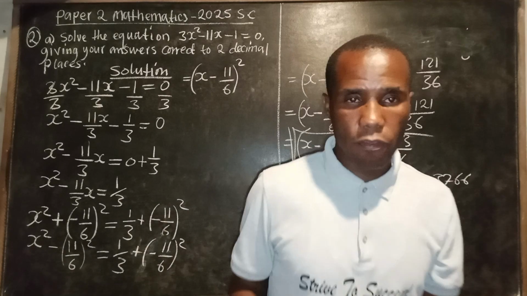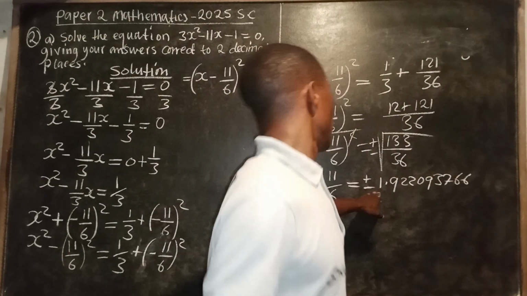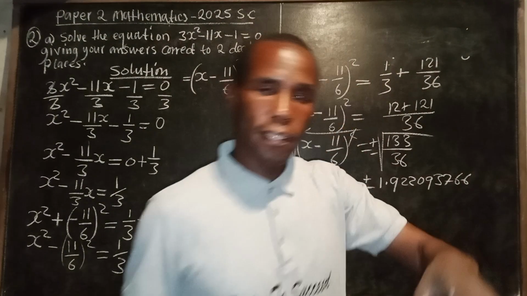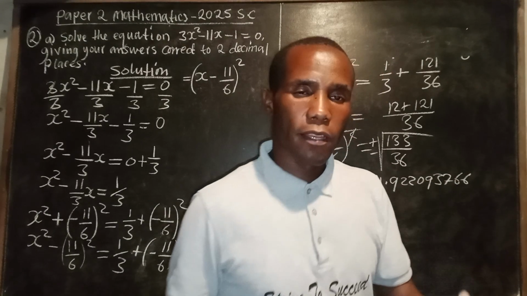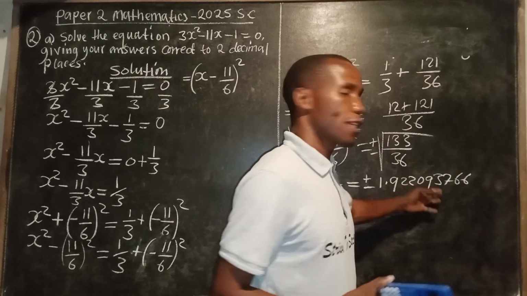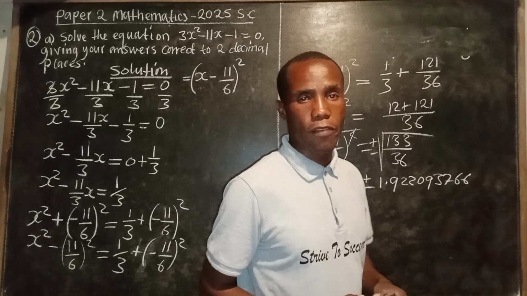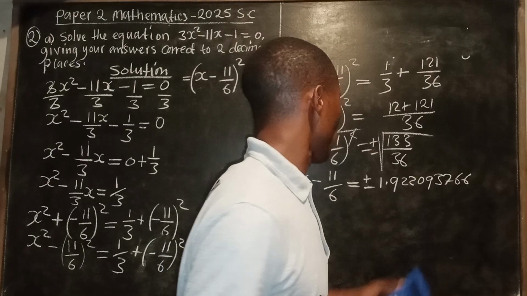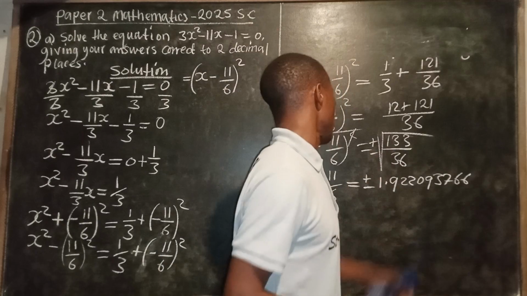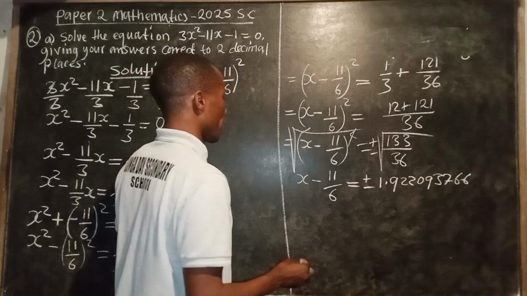So one thing that you should not forget here is that before writing the final answer, whatever number of decimal places you have, you have to indicate all of them. That's why I've written all the decimal places on this one after simplifying. Then from there, what next?